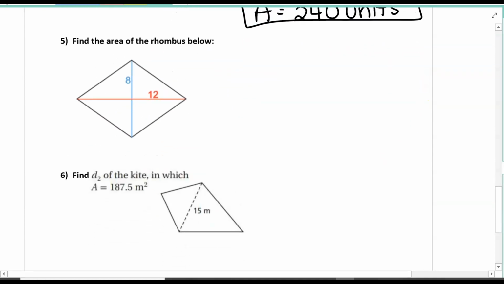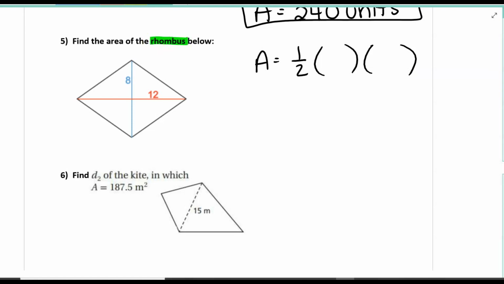Number 5, I wonder what formula I'm going to use. Area equals 1/2 times one diagonal times the other. Again, we're dealing with a rhombus, so that tells me that my diagonals are bisected. If this is 8, then this is 8. If this is 12, then this is 12.